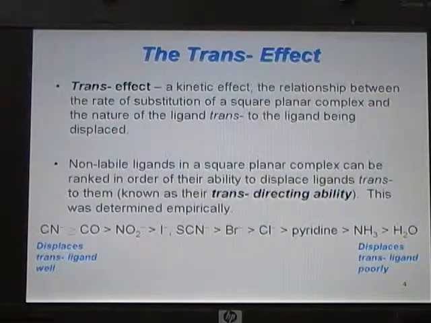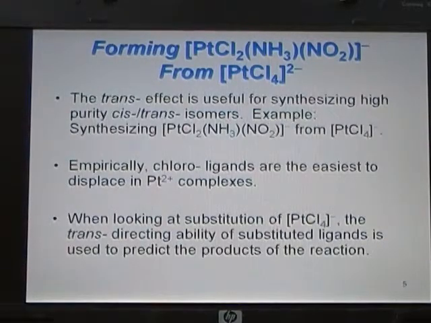We will be looking at the displacement of chloro ligands in this section. Now we will be forming PtCl2(NH3)(NO2)1- from PtCl4 2- as an example. The trans effect will be very useful for helping us make the two different isomers of this compound, the cis and trans forms.